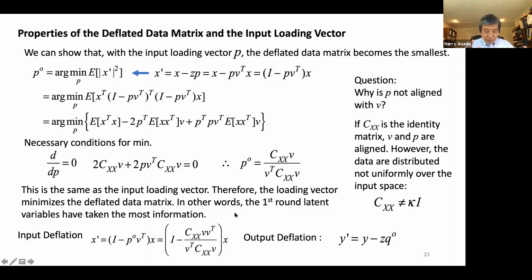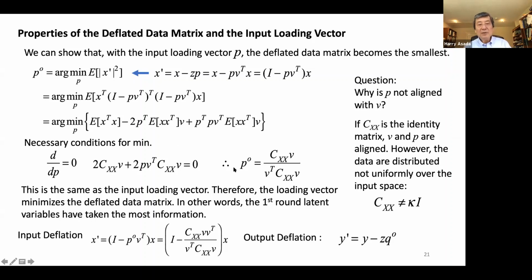So this way of deflating the original data matrix really makes sense. Because after taking it, the residual in the data matrix is actually minimum in size, and the average magnitude of X prime is the minimum.